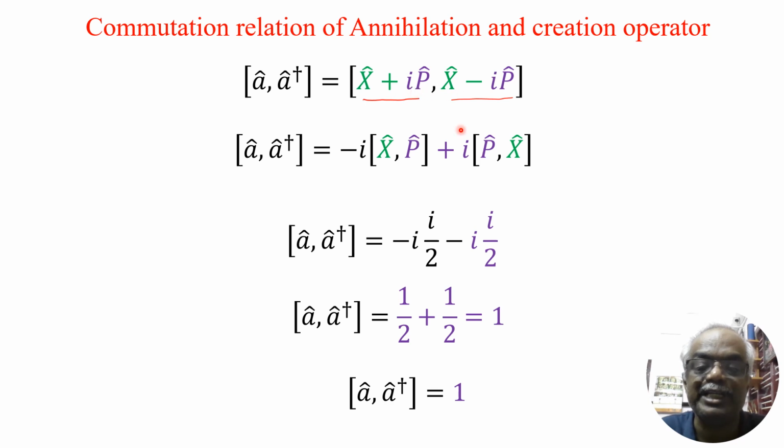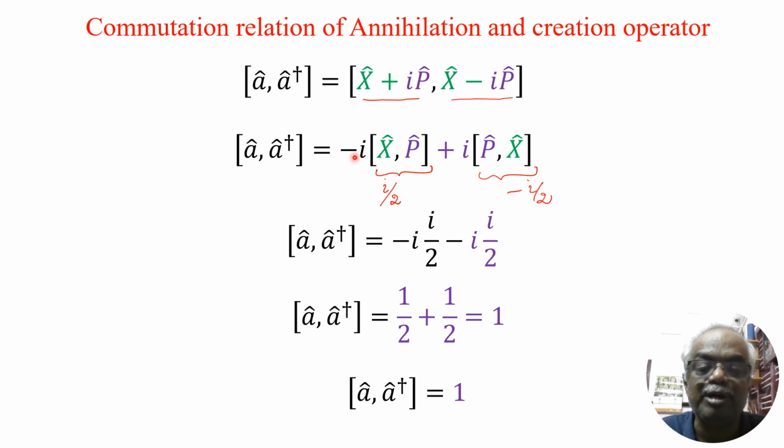So here you can take i outside: the commutator of P with X. Now, what is the commutator of capital X with P? Only now we have seen this is i over 2. What about this? The order changed. Here it is XP, and there PX. Naturally, this will be minus i over 2.